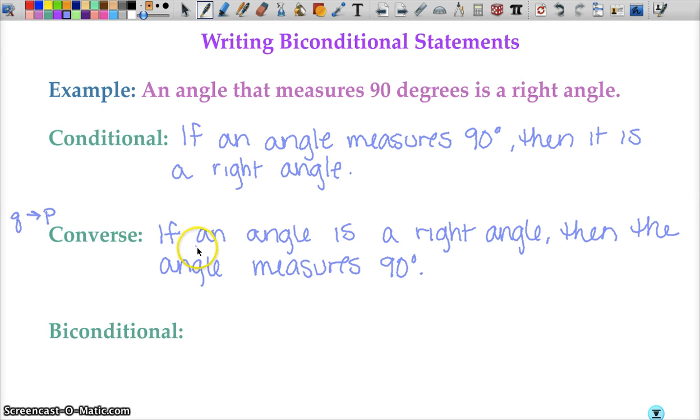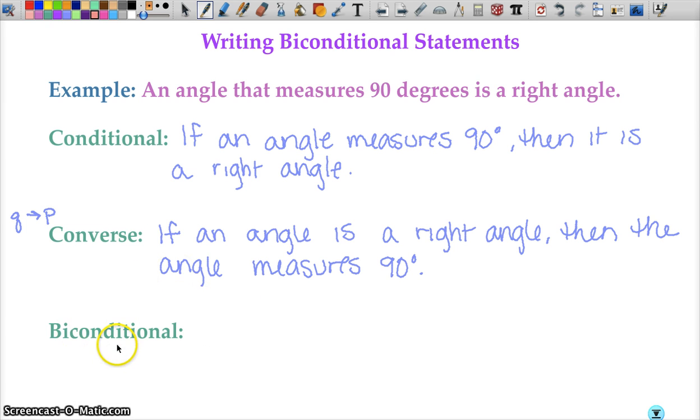So see how I had to change the wording just a little? If an angle is a right angle, I just did it so to make sense instead of just saying if it is a right angle. It's just weird to say. So I'm just changing it up to give it a little bit more fluidity in the statement.